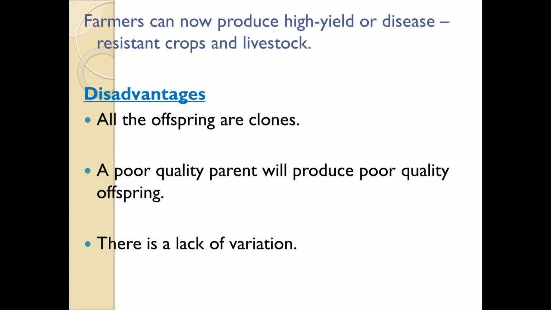But as for asexual reproduction, there is what is known as lack of variation. So if high yield and disease resistant produce is being produced in terms of food, then that is what it will be. On the opposite side, you will also have some plants that just produce poor quality, so they will continuously produce that poor quality, which, for example, will not be resistant to certain conditions. Take American apples, for example.